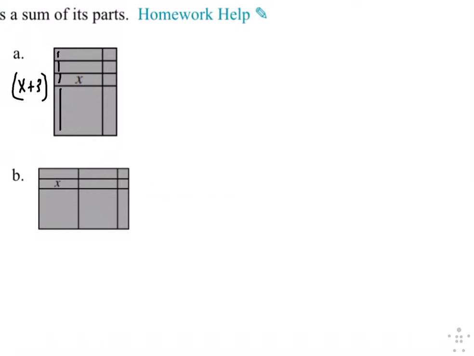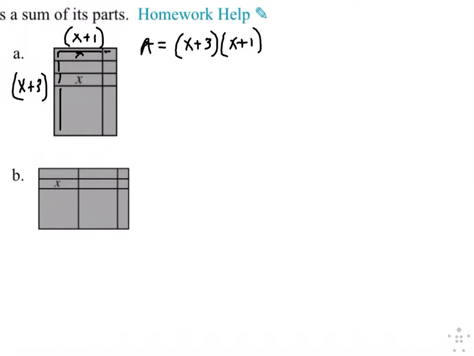And then the top over here, this length right here is an x, and this is a 1, so this is x plus 1, right? So writing the area as the length times width, we would have the area equals x plus 3 times x plus 1, right? The length times the width.